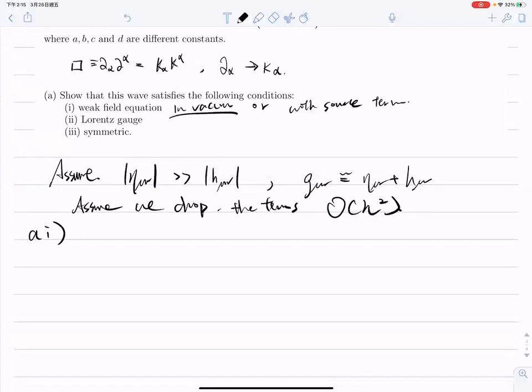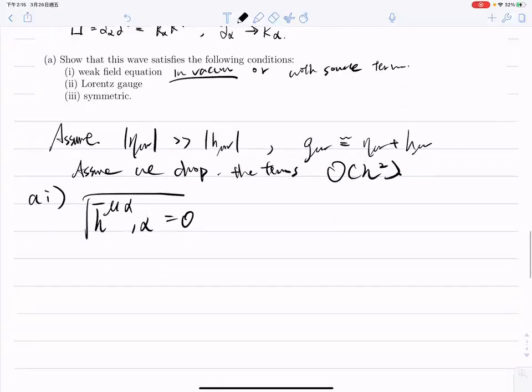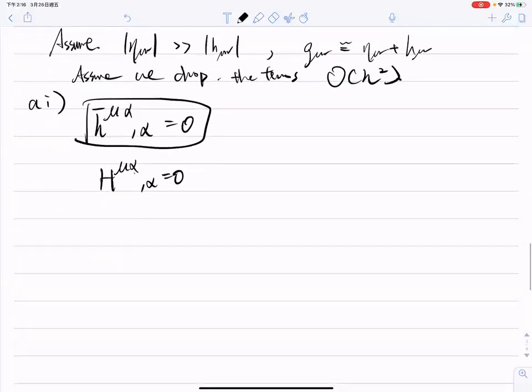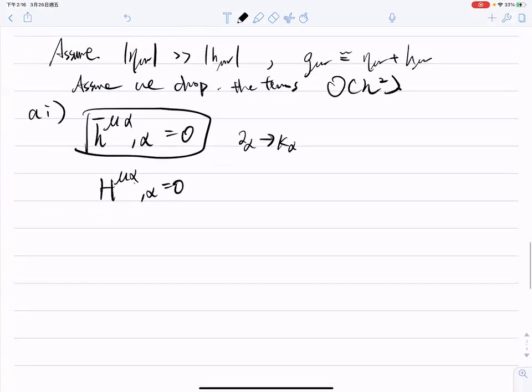The weak field equation we have to satisfy is box h bar alpha mu equals 0. You can see it in your lecture notes. For our case, we have to test whether it equals 0. I gave you a hint that we can take the derivative as k alpha, by a complex analysis technique, just like in EM.